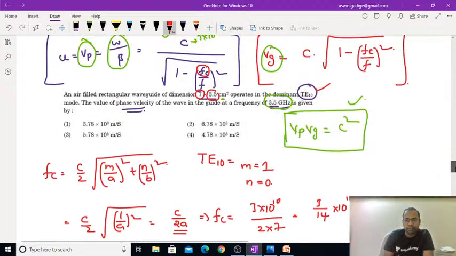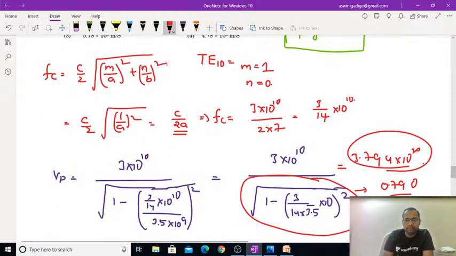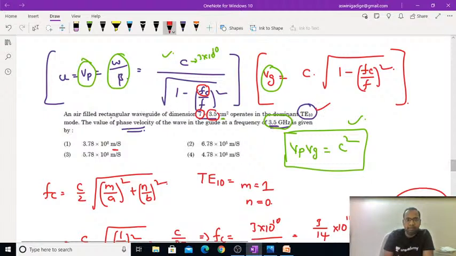Of course, they took meters per second here, so this 10 power 10 becomes 10 power 8. So finally, 3.79 into 10 power 8 meters per second. Okay, that means here the first option is the correct one. So all of you understand this one, guys? Is that clear?